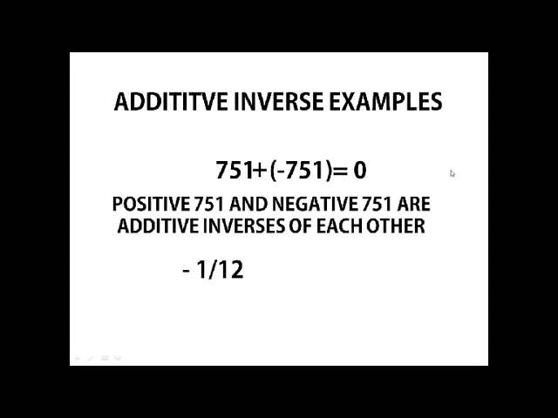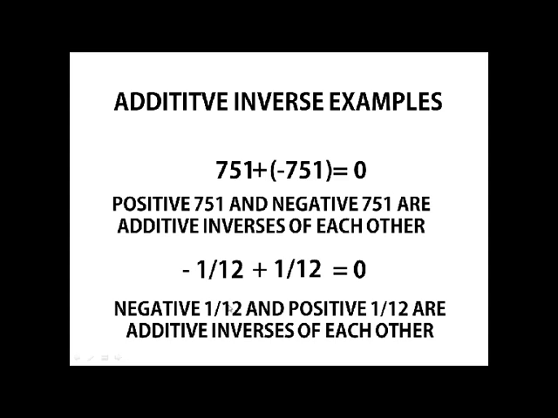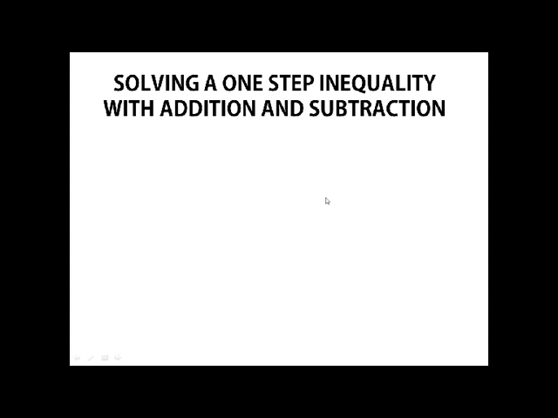Now, here's another example. I have negative 1/12. What do I need to add to negative 1/12 so the result would be 0? I would need positive 1/12. This is because negative 1/12 and positive 1/12 are additive inverses of each other.